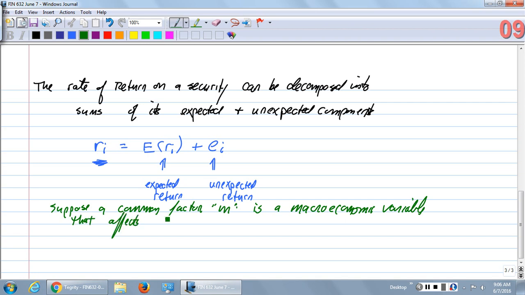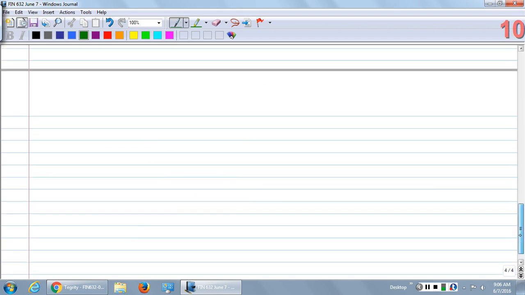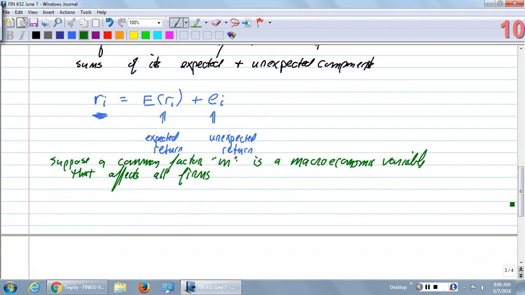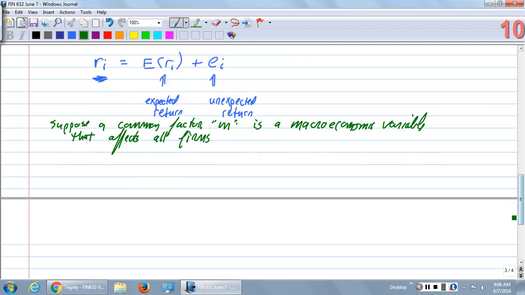That's probably true, don't you think? There's a macroeconomic variable. Let's call it the market. Okay? When the market moves, most stocks tend to move. You remember that the Dow Jones Industrial Average is only 30 stocks. And yet, when the Dow's up, most stocks tend to be up.